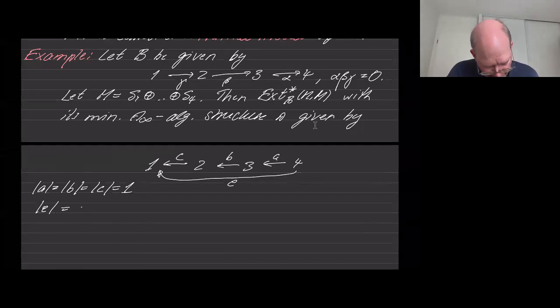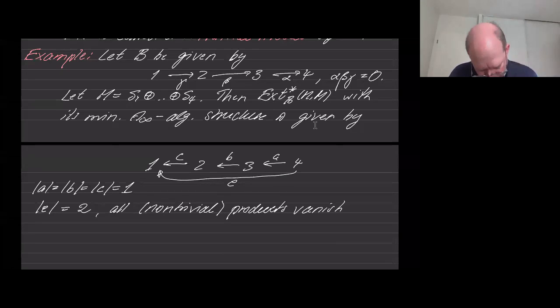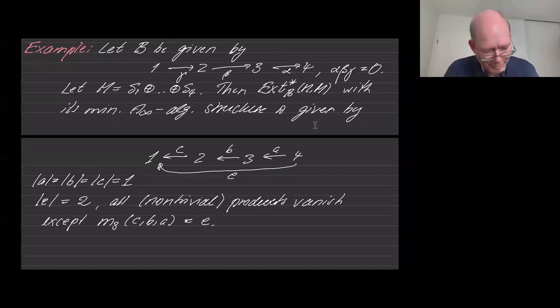And except for the products with the idempotents associated with the vertices, the non-trivial products vanish. In particular, the products CB and BA vanish, except one M3 product, namely M3 of CBA equals E. It is not hard to compute this.